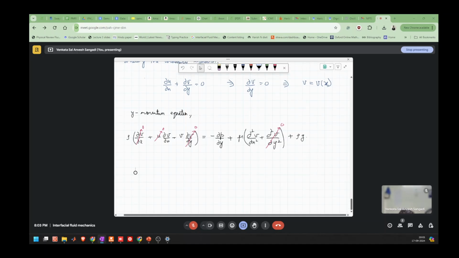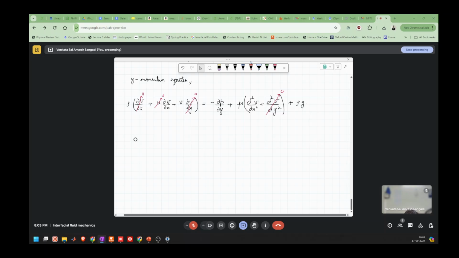So now our equation becomes del p by del y is equal to mu del square v by del x square plus rho g.